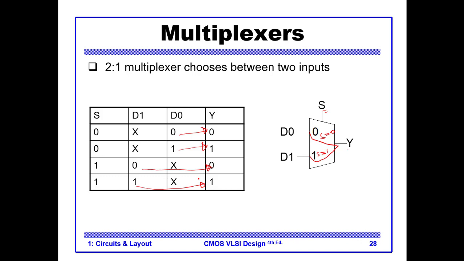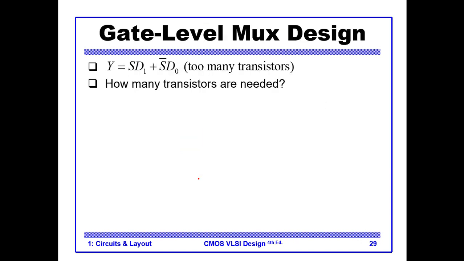This is called a 2x1 multiplexer. How can we build this 2x1 multiplexer from transistors? This is the Boolean equation of a 2x1 mux. You can derive this equation from the truth table. It is S D1 plus S bar D0.